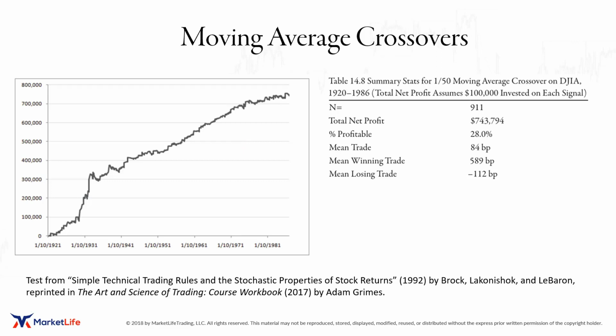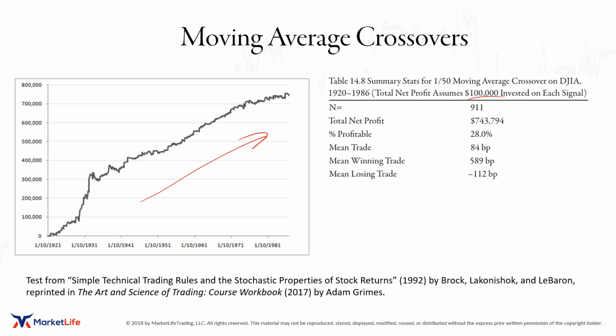And this does appear to work quite well. If you just look at the equity curve, this is assuming that you invested $100,000 in each trade back to the 1920s, and pretty much whatever was going on in the world, wars, recessions, booms, your equity curve goes up. This appears to be a very robust system.